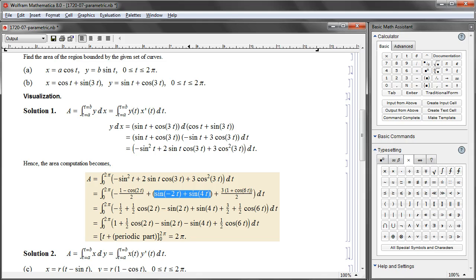And then calculate the antiderivatives, and this is what we get. We have all this cosine of 2t, sine of 2t, and so on. Those are all periodic. So plugging in 2 pi, plugging in 0, they're all going to cancel out, and you're going to get just this part, and then you end up with 2 pi.